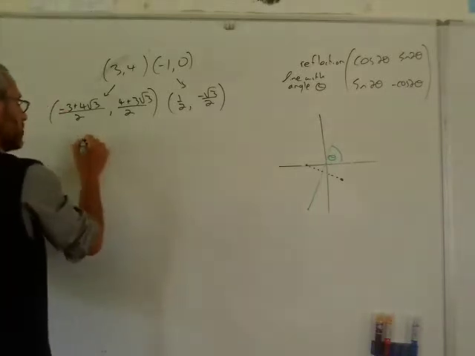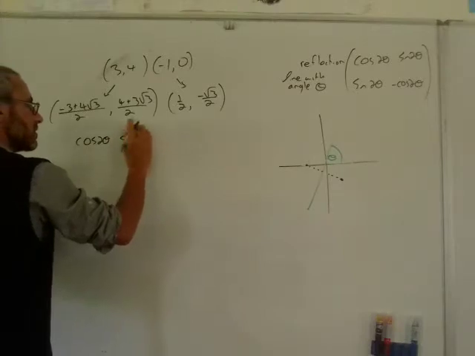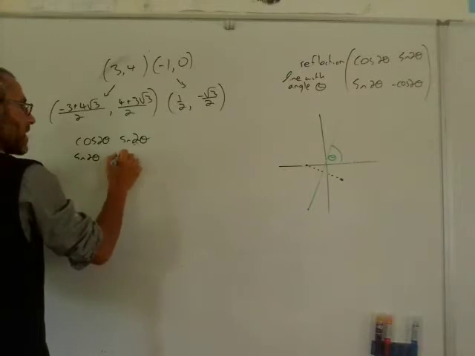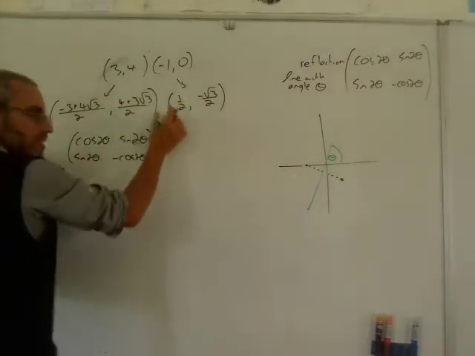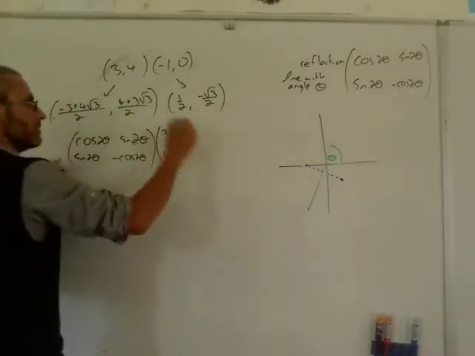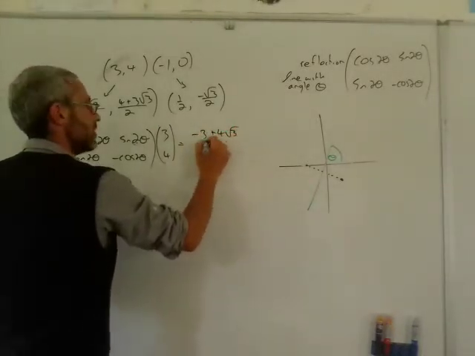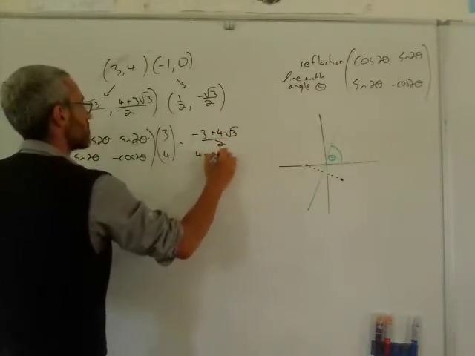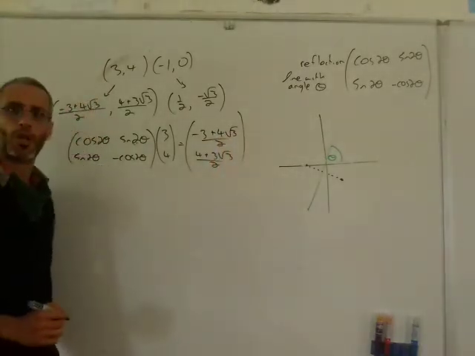I'll start writing that: the matrix [cos 2θ, sin 2θ; sin 2θ, -cos 2θ] times the original point, written as a column, (3, 4), equals (-3 + 4√3/2, 4 + 3√3/2). So that's one set of equations.